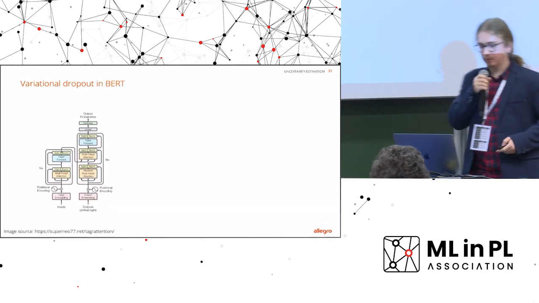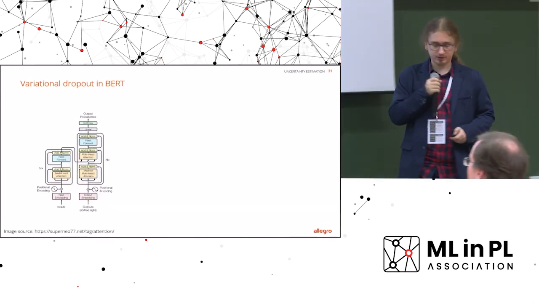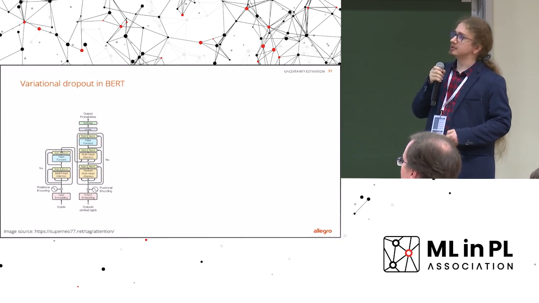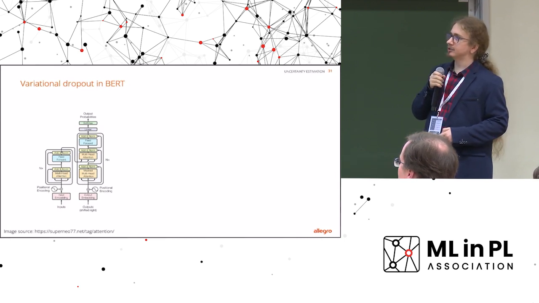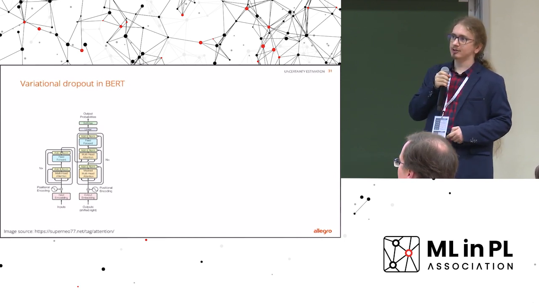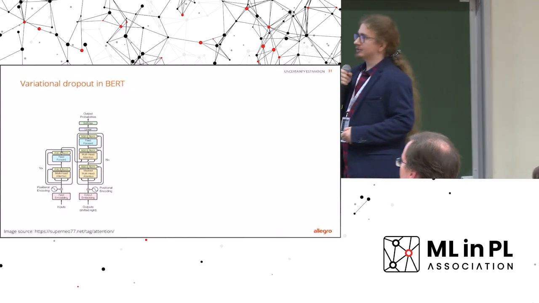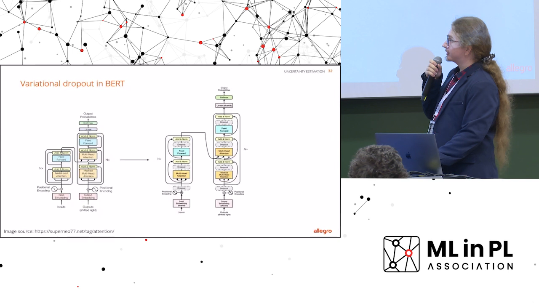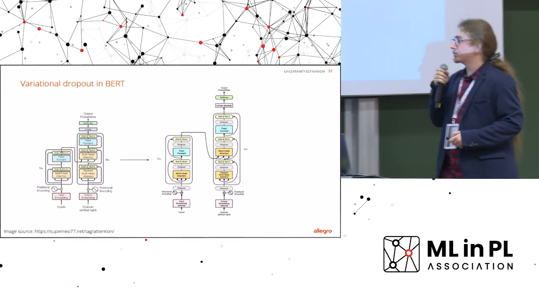All right, so now let's look at how we can do this in a BERT-based model. Here you can see the architecture of the transformer encoder from the original Attention Is All You Need paper. We can add dropout in multiple places, and this is done in the following way.